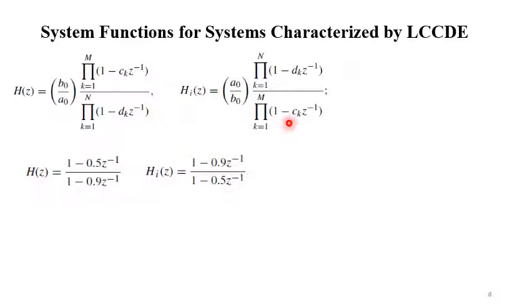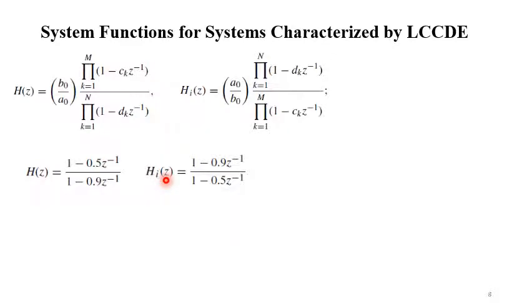For example, we are given a system which has the response equal to 1 minus 0.5 Z inverse over 1 minus 0.9 Z inverse. Let's find the inverse of this system and also find the impulse response of the inverse system. So you understand, for the inverse, the poles of this will become zeros of the inverse, and zeros of this will become poles of the inverse.